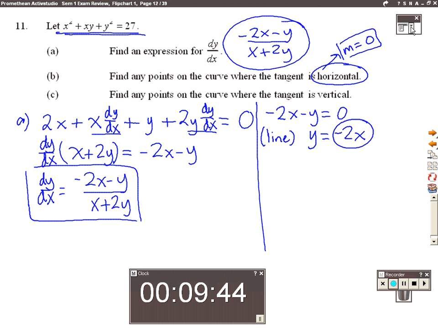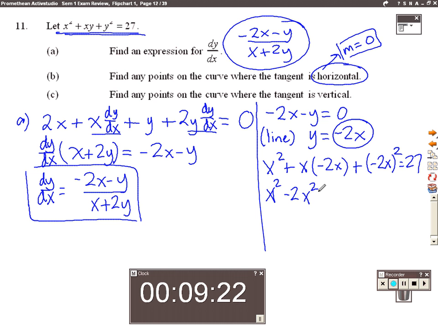So I would have x squared plus x. I'm substituting negative 2x in place of y, plus, again, substituting negative 2x in place of the y, and then I'll square that. And now I'm going to solve this equation for x, and I'll get x squared minus 2x squared plus 4x squared is equal to 27.